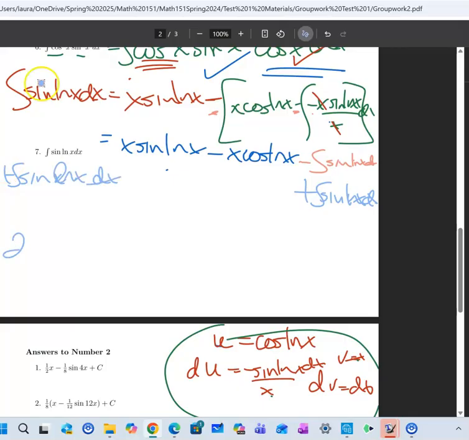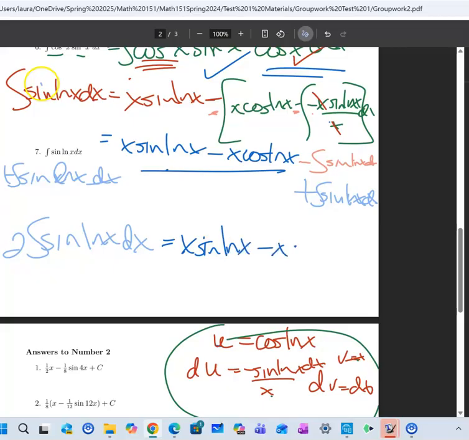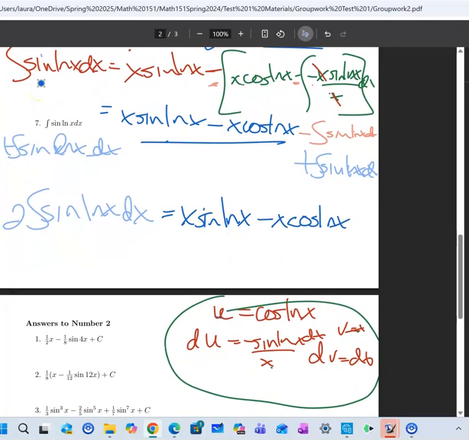This gives me two of these guys, right? Sine of ln of x dx. And then what am I carrying along? These guys, right? X sine ln of x minus x cosine ln of x. And then I divide through by the 2 sine of ln of x dx.